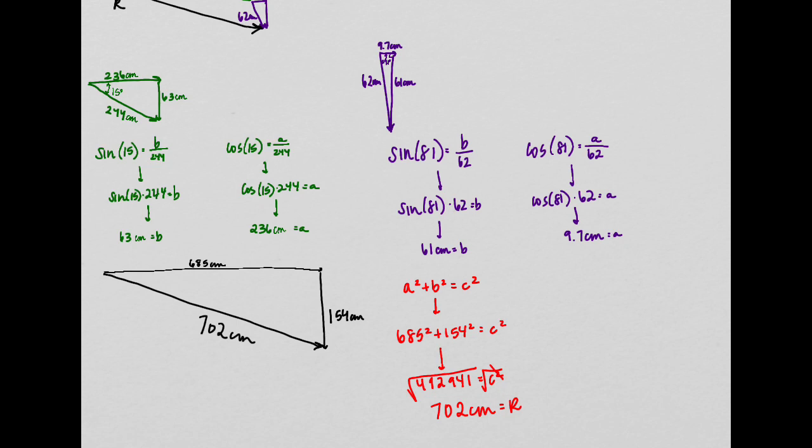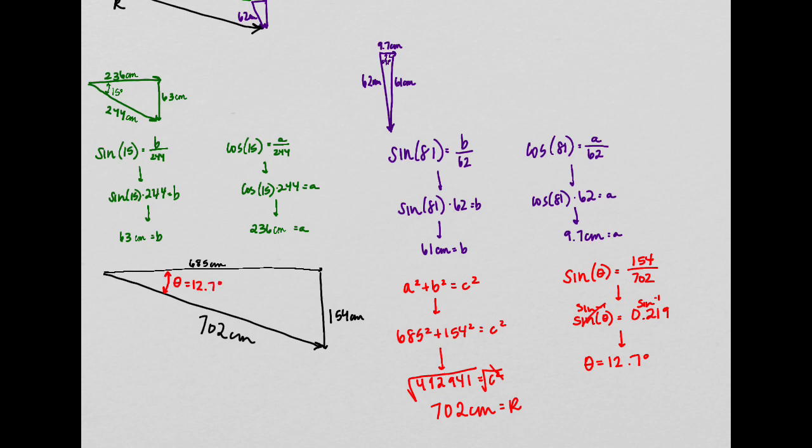And then we need to find our theta here. To do that, we are going to use the trigonometric method. In this case, I'm just going to use the sine function. And when I do that, I find that theta here is equal to 12.7 degrees.